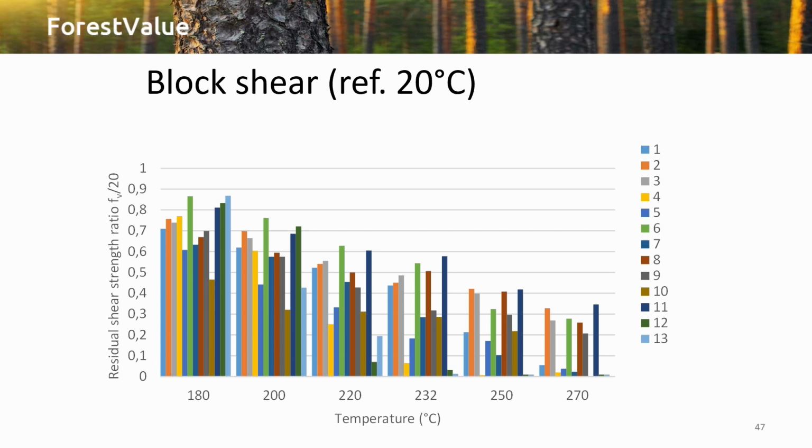Here it's a different evaluation representation, and what you see especially at 270 degrees is that from the relevant 12 adhesives, 6 still have not insignificant residual strength of about 30%, whereas 6 other ones have almost no residual strengths.